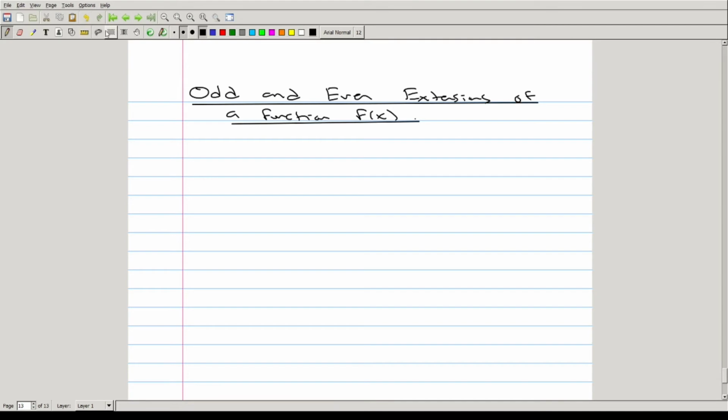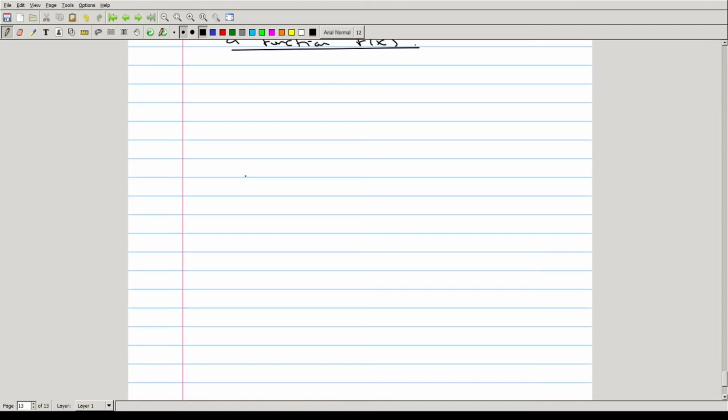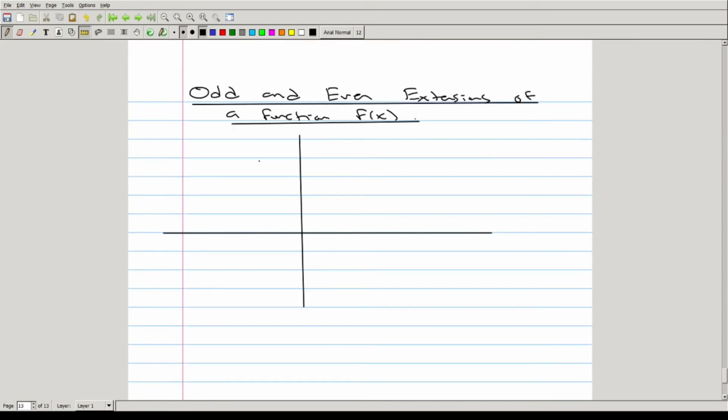This is for if we have a function defined on just a positive interval from, say, 0 to c, and we have two such extensions that we can give a given function.